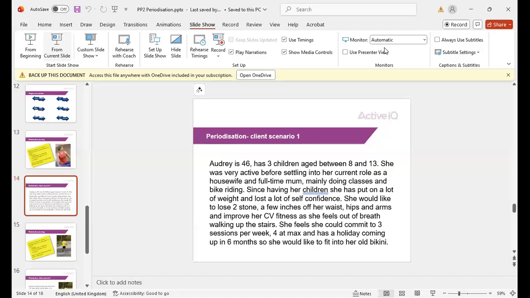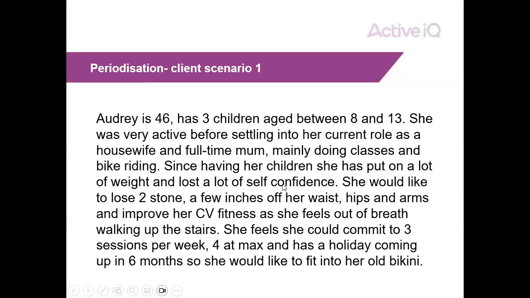And then if we just remind ourselves who Audrey is, let's go back to it. Now, I want you all to do this once you've finished your 12-week plan. Go back to your client and ask yourself, have I given them the right ingredients? So if we have a look here, she's put on a lot of weight, lost self-confidence.